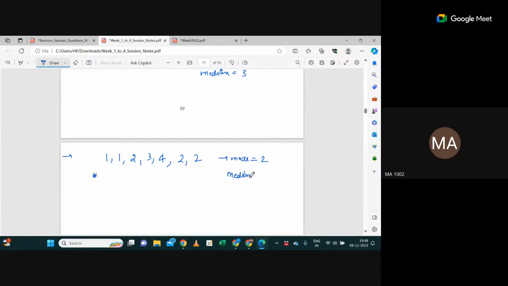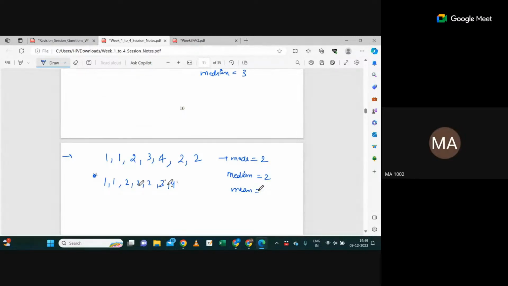What is the median? To find the median, we first have to arrange the data, so it will be 1, 1, 2, 2, 2, 3, 4. So the median observation is 2, right? The median is 2. What is the mean? It will be 1 plus 1, 2, 2, 4, 2, 6, 2, 8, 3, 11, 4, 15 divided by 7. Am I right?